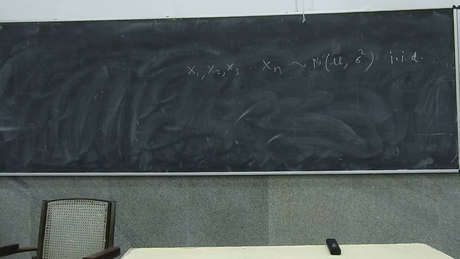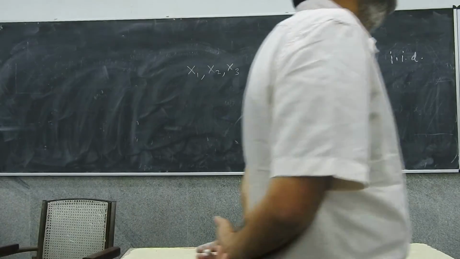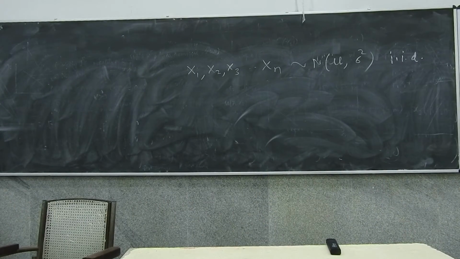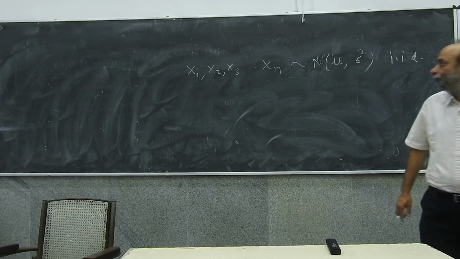Why do you say random? Because they are all independently and identically distributed. So x1 is distributed with mean mu variance sigma square, x2 is distributed with mean mu variance sigma square, x3 is one observation from a population which is normally distributed with mean mu and variance sigma square, and so on till xn. Okay? Right? Sure.